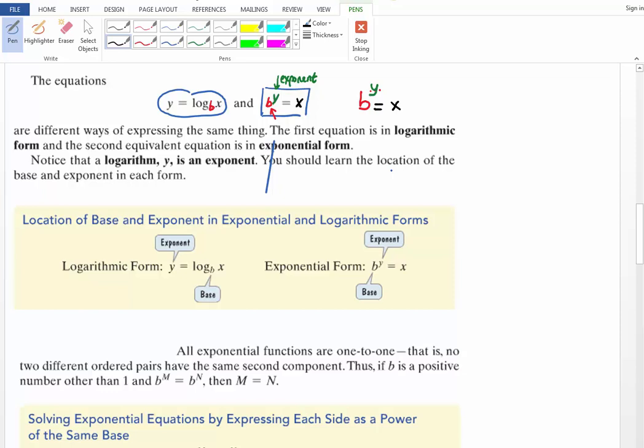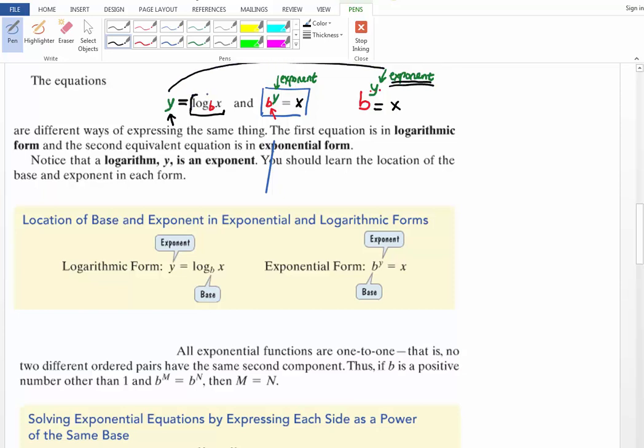Now let's see where those are located in the logarithmic expression over here. If you have y is log base b of x, notice that the log quantity, which shows up on the right hand side, is equal to y. And remember, y was the exponent. So we notice that our log right here is equal to y, and y is the exponent.